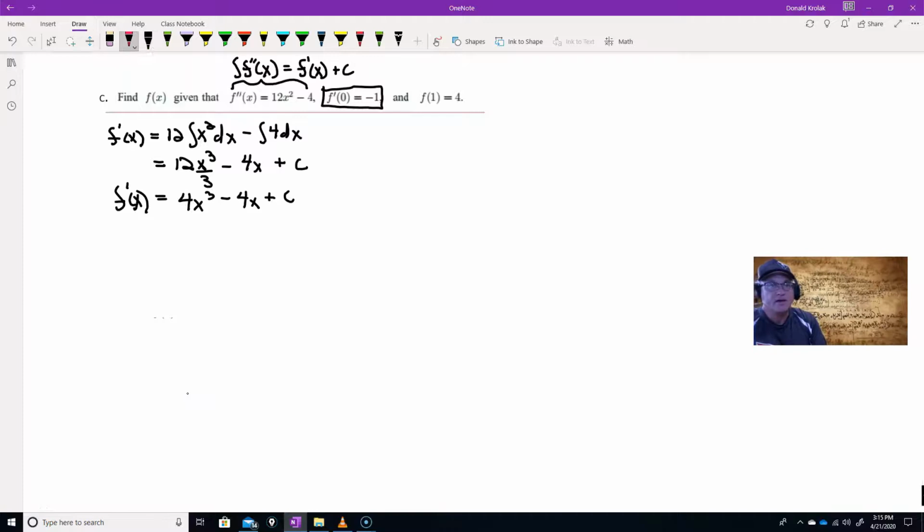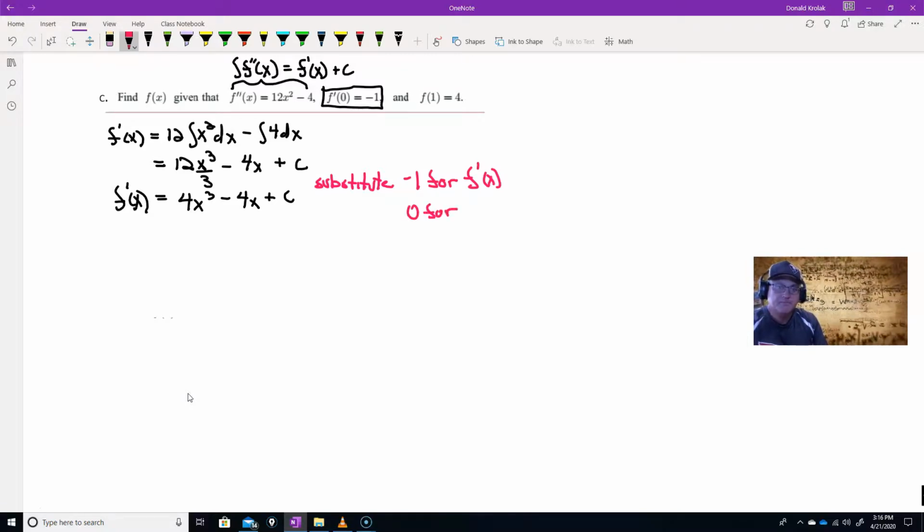All right, now from that point, we're going to substitute -1 for the first derivative, and 0 for x.